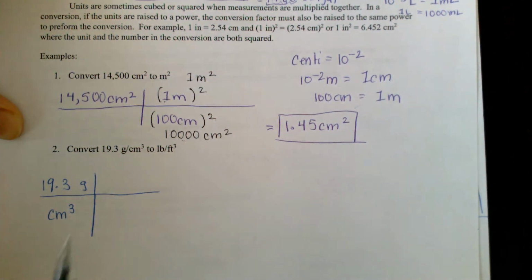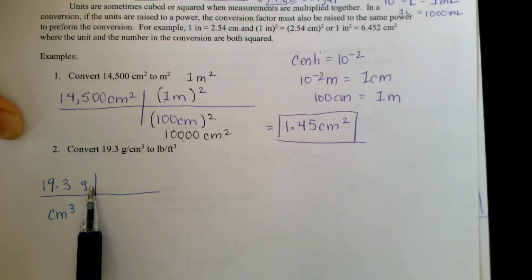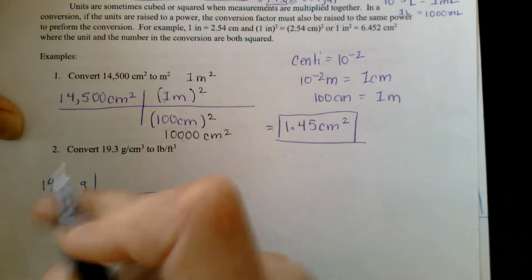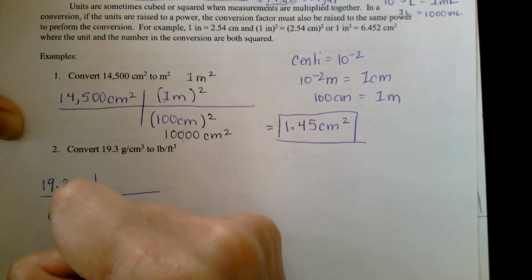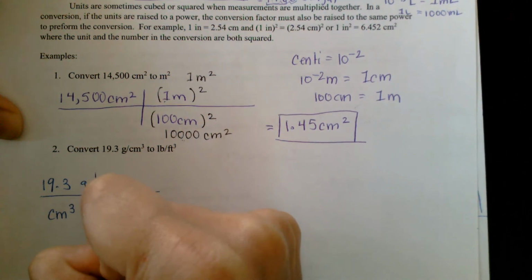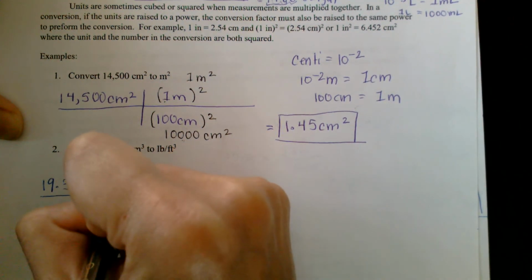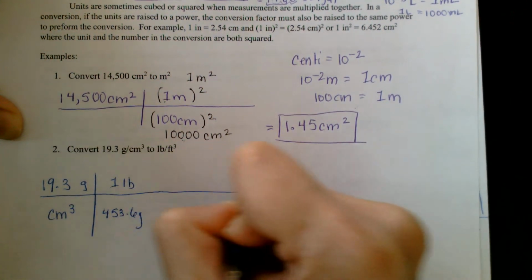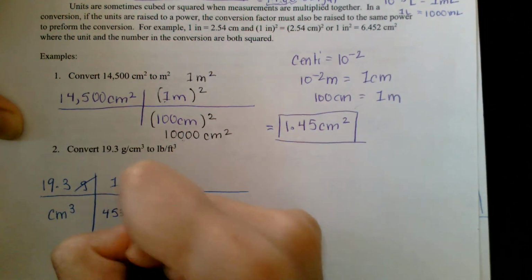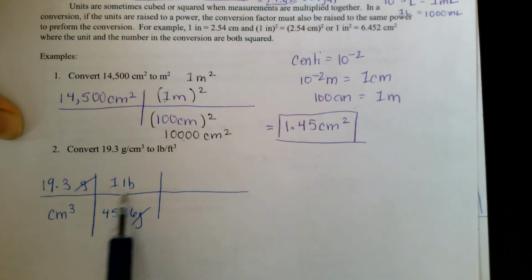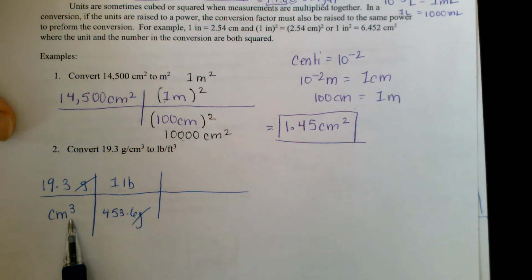Okay, so we'll start with our mass because that one's easy. We've used this conversion factor a few times: 453.6 grams per 1 pound. Okay, so grams cancels with grams. So now we have pounds per centimeter cubed.